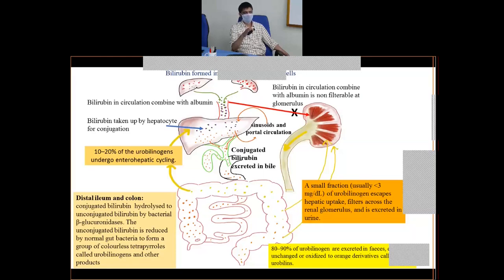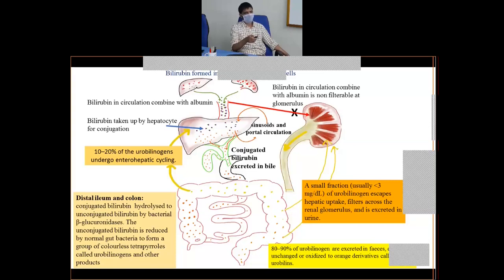This urobilin gives color to the normal feces. A small amount, usually less than 3 milligram per deciliter, of urobilinogen escapes hepatic uptake, filters across the renal glomeruli and is excreted in the urine. And around 10 to 20% of the urobilinogen undergoes enterohepatic cycling.